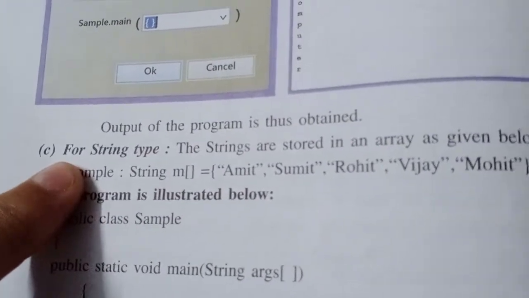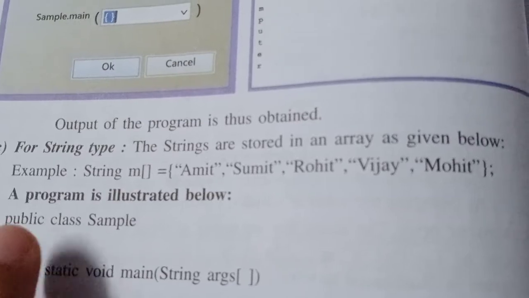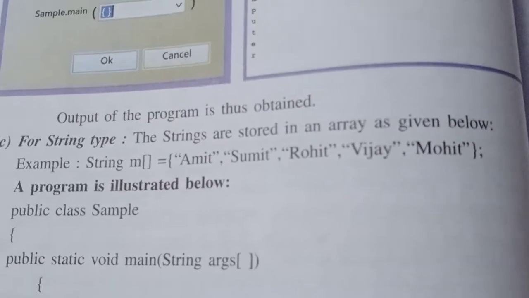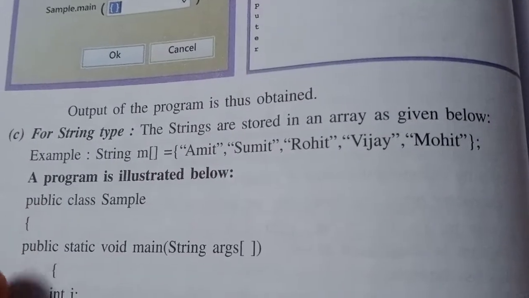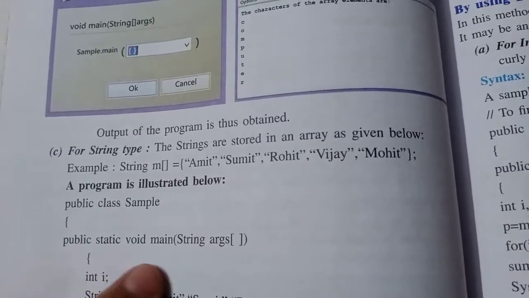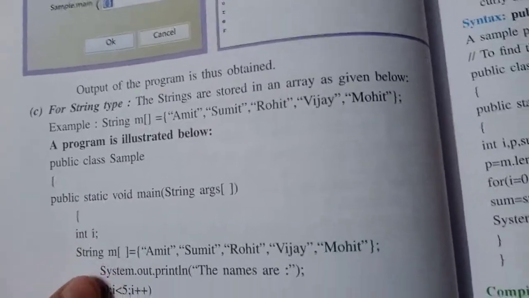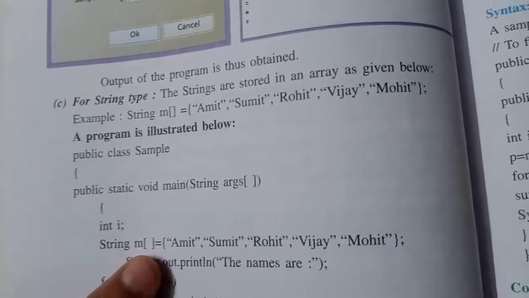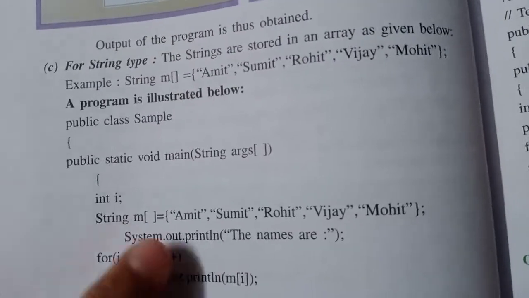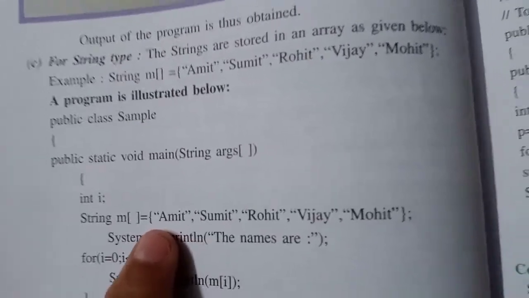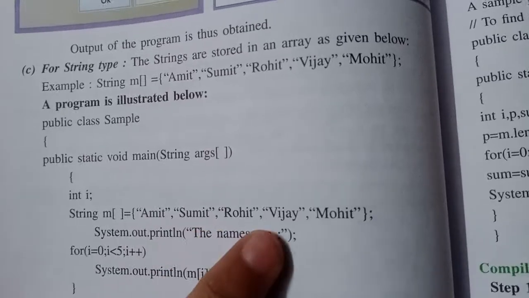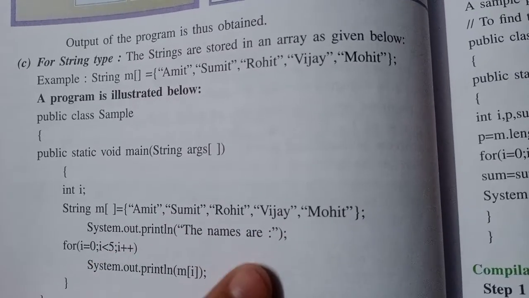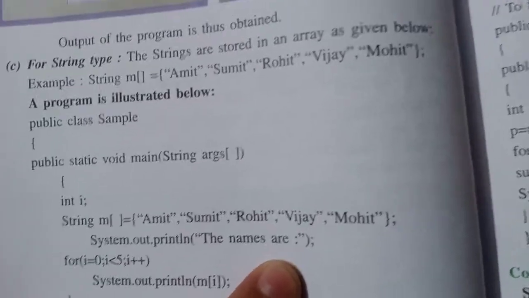And same way string type program is given here. String type using assignment method. So public class sample public static void main string args int I string m means array of string type. Here 5 values are given: Amit, Sumit, Rohit, Vijay, Mohit, and the task is to display these values.